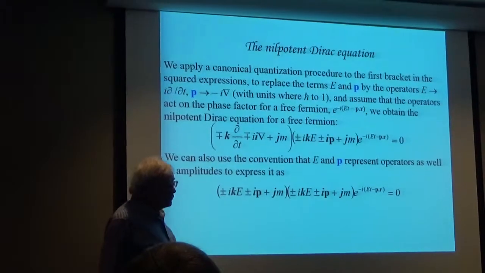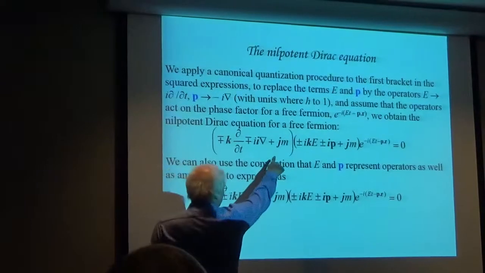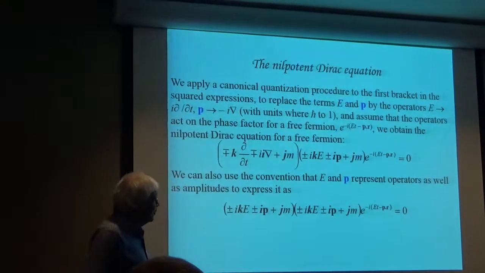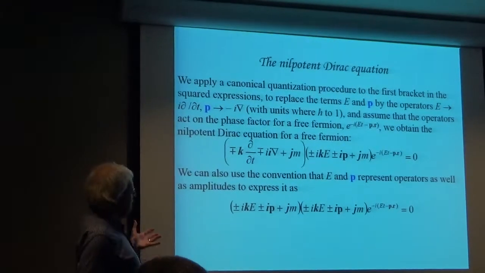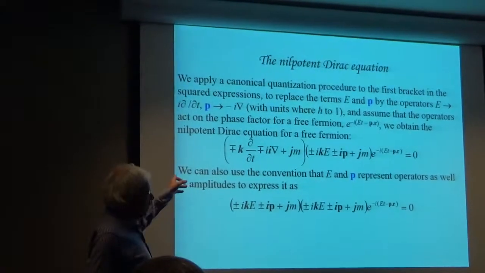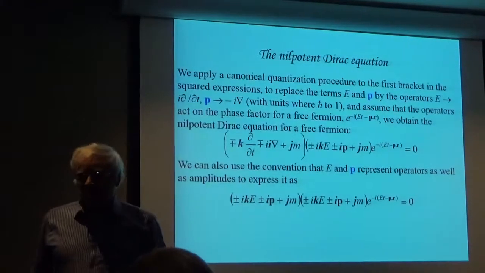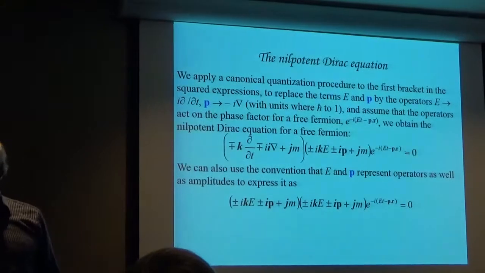Now notice this is different from the ordinary Dirac equation, because this is basically gamma 5. And the ordinary Dirac equation doesn't have gamma 5 in there. But it's trivial to make the Dirac equation into that equation. You simply multiply by gamma 5 on the left. It's a trivial operation.